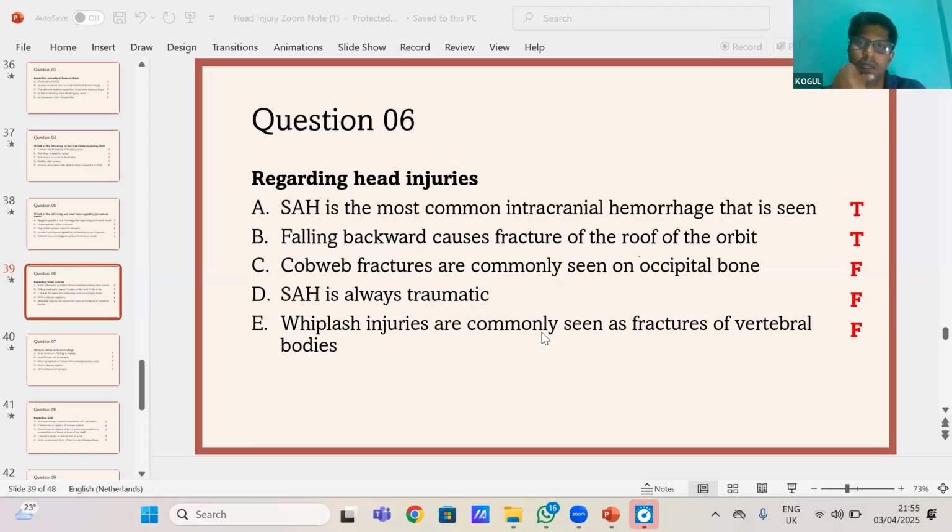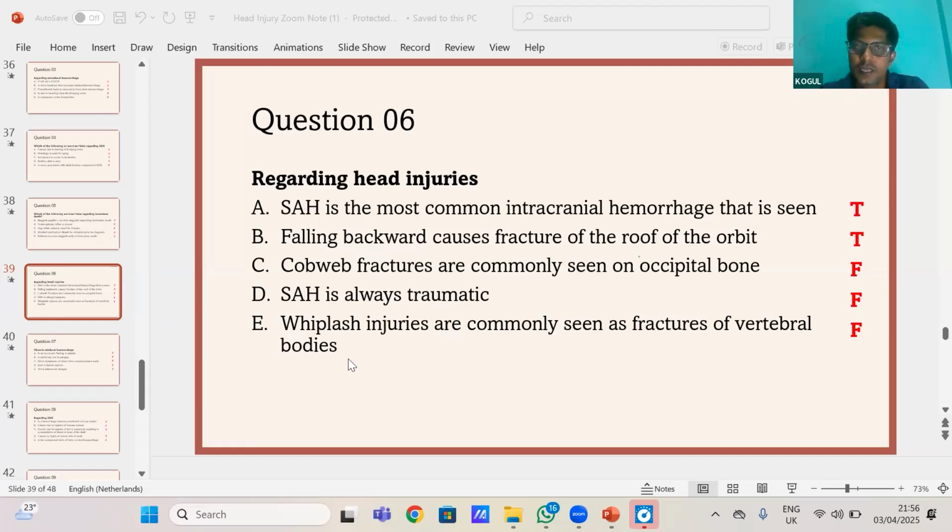Whiplash injuries are commonly seen in fracture of the vertebral bodies. Whiplash injury means a severe sudden movement of the neck, with a whiplash effect, usually in drivers and occupants of the vehicle. Nowadays we have headrests, but if there is no headrest, you will get severe movement of the neck, causing severe injuries.